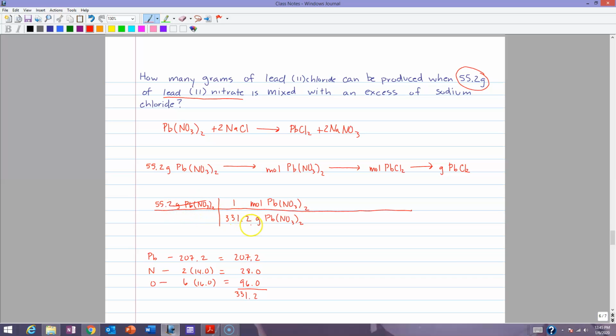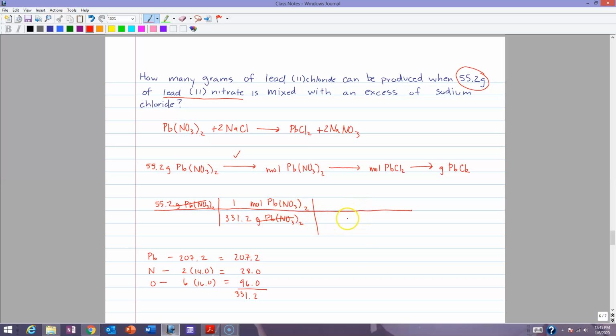And my grams of lead nitrate cancel out. So I've done this conversion factor. Now I've got to go on to my second conversion factor. My second conversion factor has me going from moles of lead 2 nitrate to moles of lead 2 chloride.